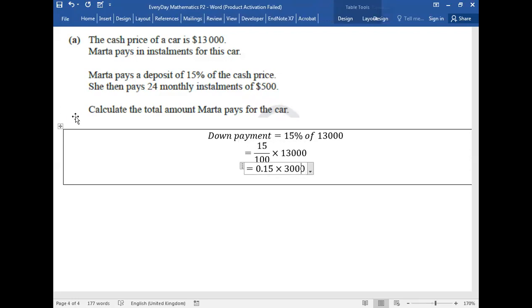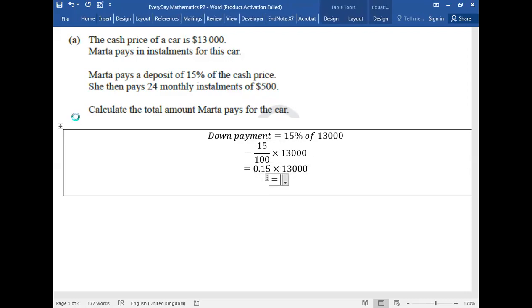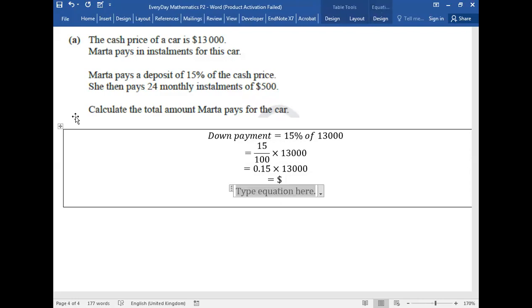Calculator में putting के लिए सबसे आसान है 13,000. So what is the down payment then? 1950.